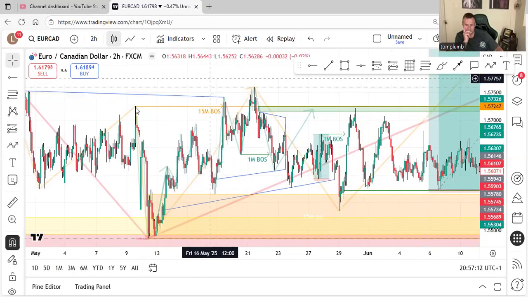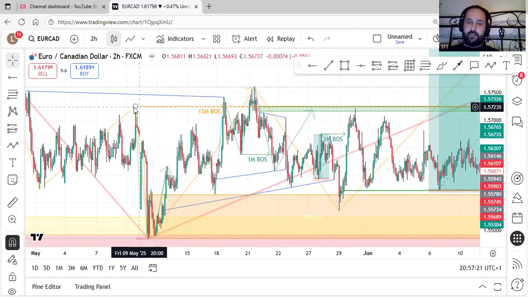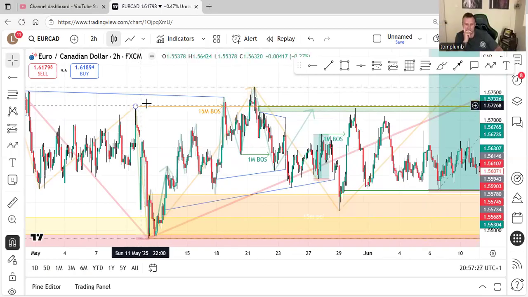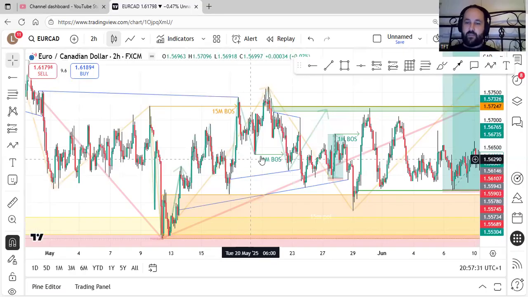So this sweep here is obviously a really good sweep because it takes the 15-minute high that I've got marked. So this is a major external liquidity high on the 15, and it takes trendline liquidity and then shows sign of a break underneath.